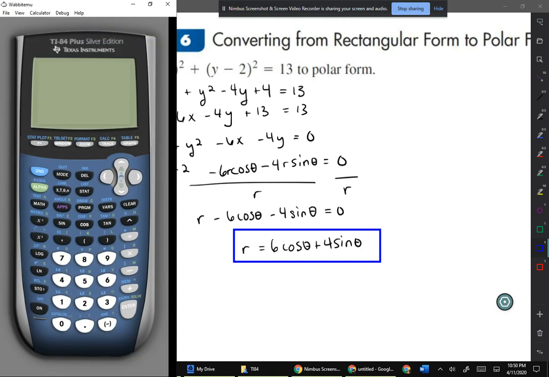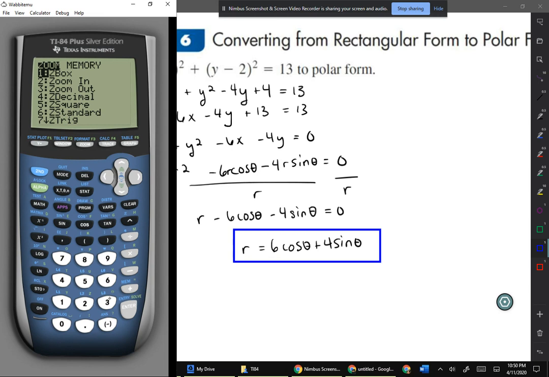Let's put that in just to confirm. So it's going to be 6 cosine of theta plus 4 sine of theta. Gotta zoom out for what mine was.